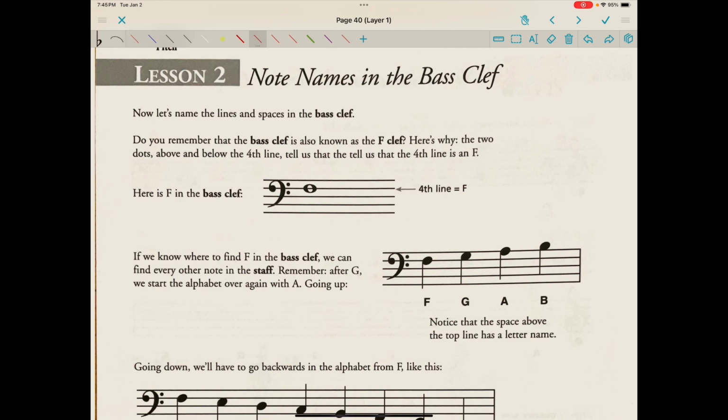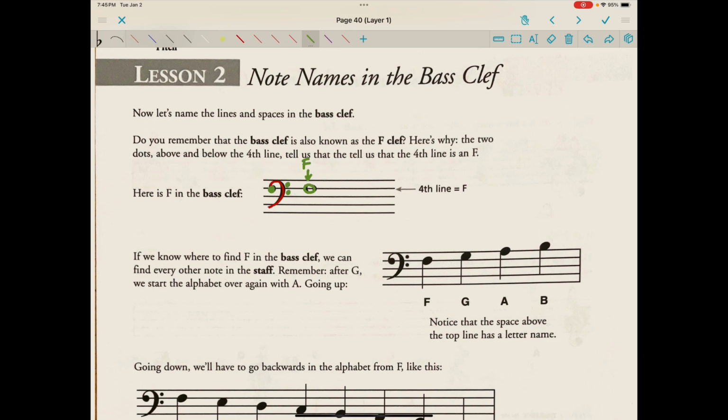The 2 dots above and below the 4th line tell us that the 4th line is an F. So remember, for a bass clef, we start on line 4, we bump up to line 5, draw half a heart stopping just under line 2, and then a dot goes in space 4 and a dot goes on space 3. And these dots highlight the importance of line 4, and this note will be an F.